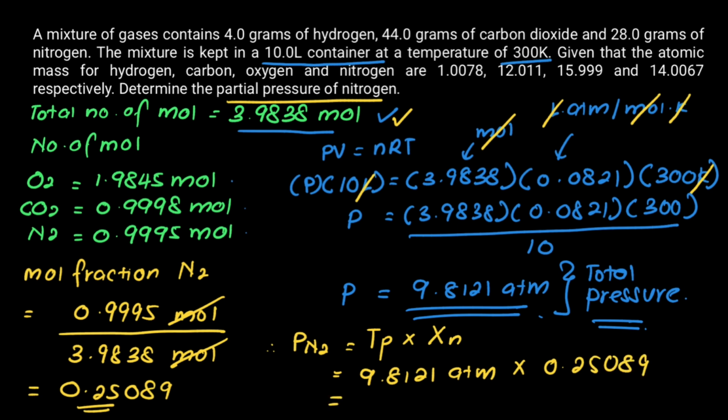Therefore, you will get the partial pressure for nitrogen gas equivalent to 2.4618 atm. So this is the final answer for this question.